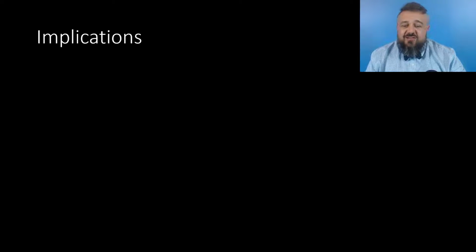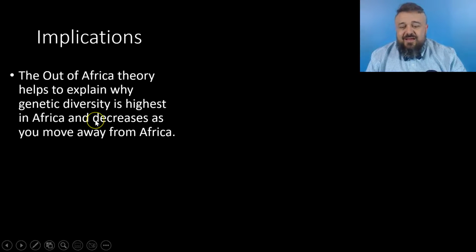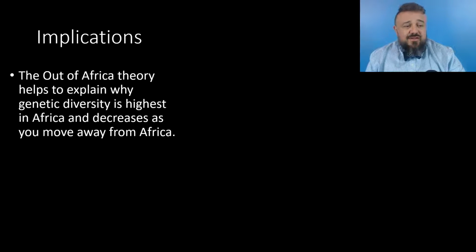So what are the implications of this evidence? The out of Africa theory helps to explain why we have such genetic diversity within Africa, and genetic diversity decreases throughout the rest of the world as we move out. So everyone whose family originates in Africa in more recent times is much more genetically diverse than those who live in, say, North America, Asia, Australia or Europe.